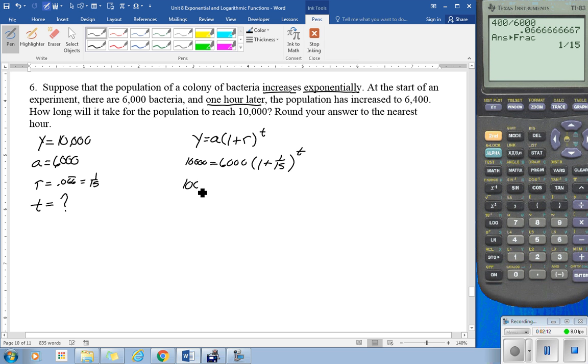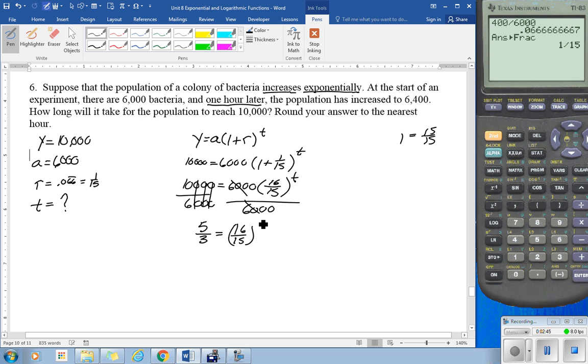It's 10,000 equals 6,000 times 1 and 1/15, which is 16/15, to the t, right? 1 being 15/15. Then let's solve this thing. We're going to divide both sides by 6,000 first. The 6,000s cancel on the right, and we can cancel some zeros here. It becomes 10/6, which both divided by 2 we can take down to 5/3, now equal to 16/15 to the t.